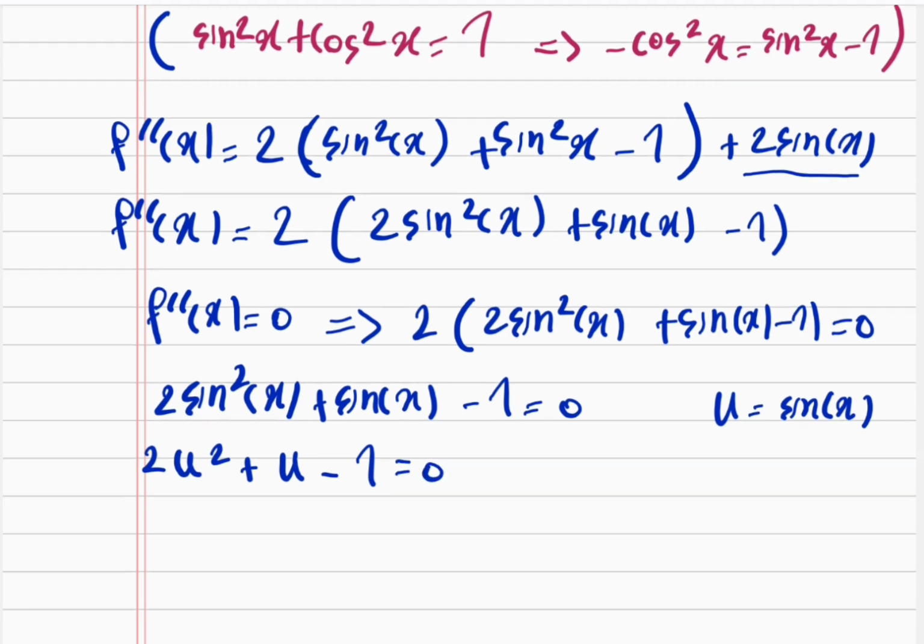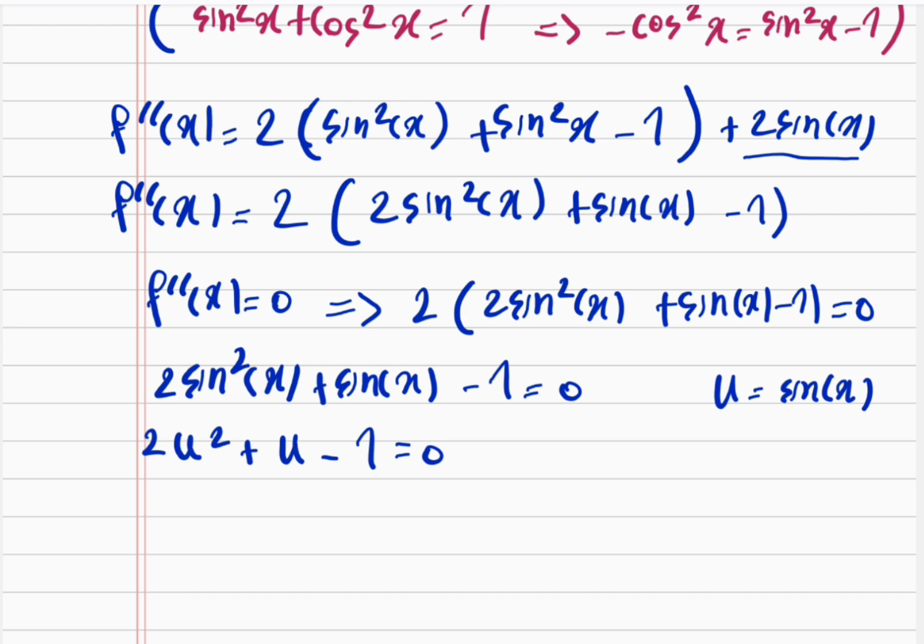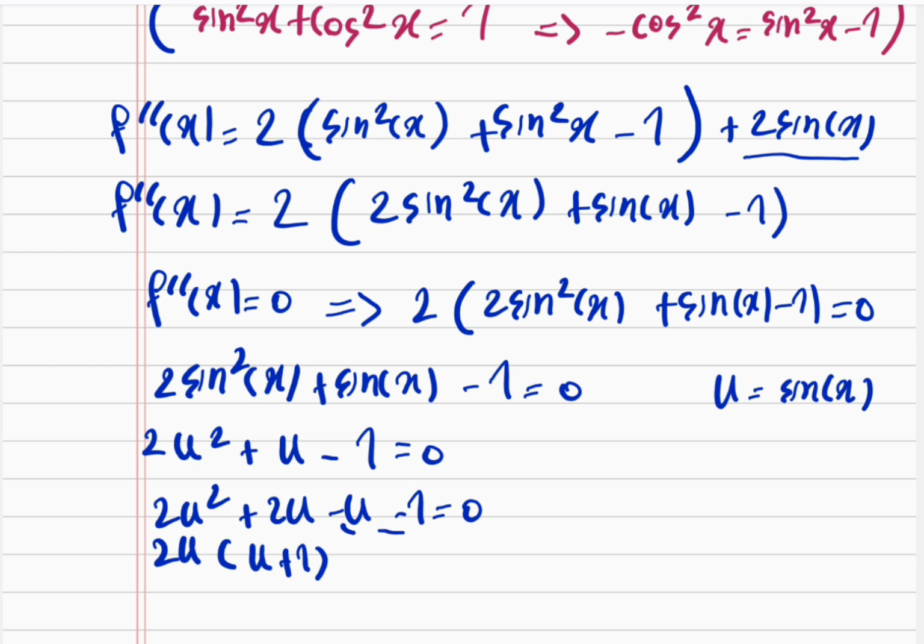And we can factorize this. We can split the middle term into 2u minus u, because 2u minus u is still u, it doesn't change anything, and then factorize. So take a factor of 2u, we are going to have u plus 1, and then also factorize these two terms separately with just a factor of minus 1.